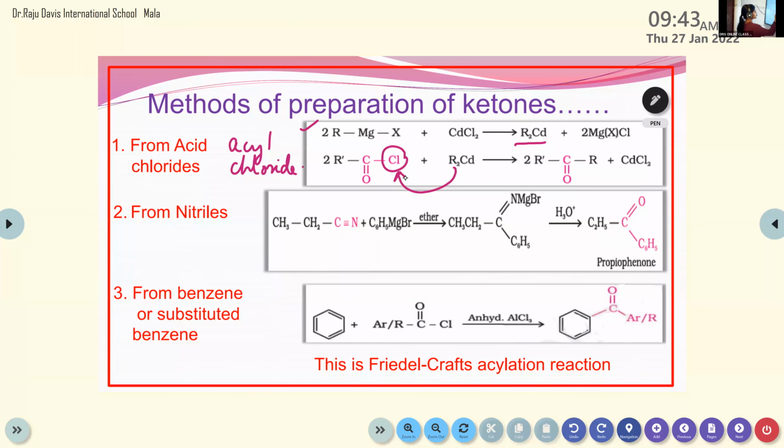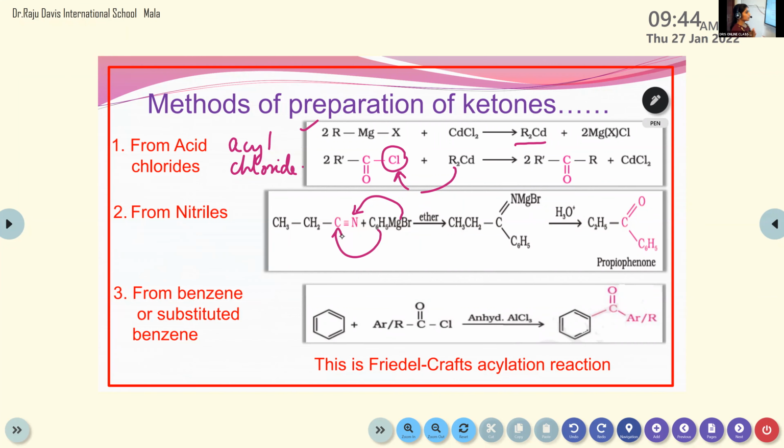So what happens in this reaction? Look here, here it will be a triple bond, right? C triple bond N. One among this triple bond will break, and the MgBr will be attached to this nitrogen, and the C6H5 will be attached to carbon.